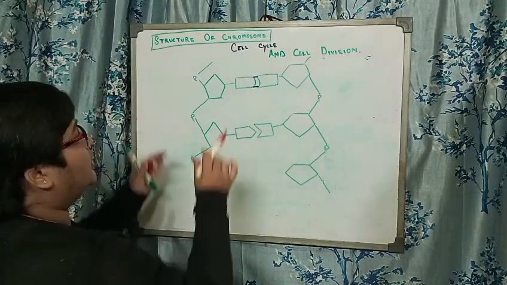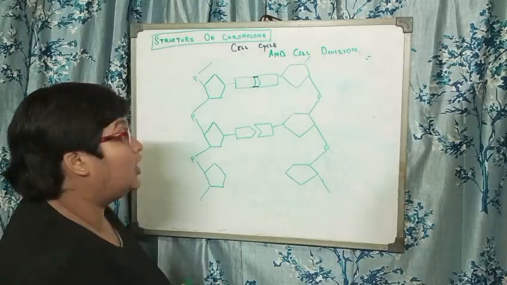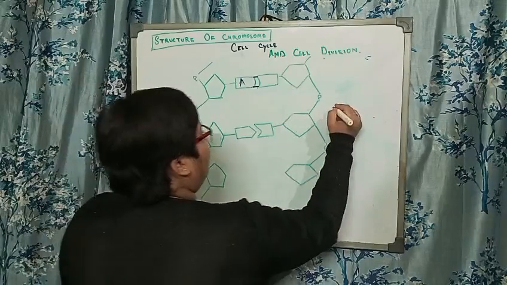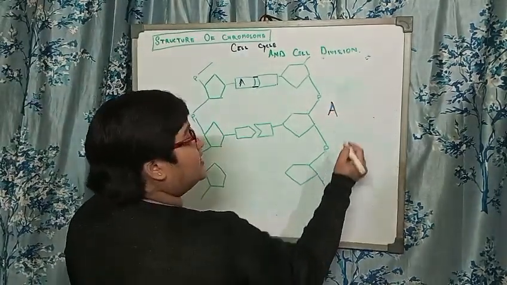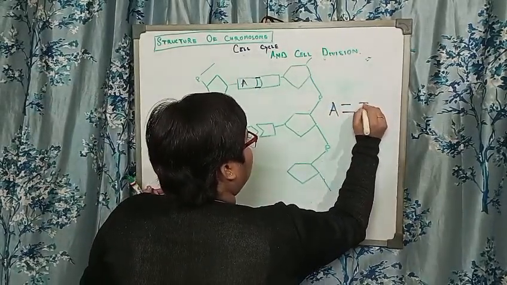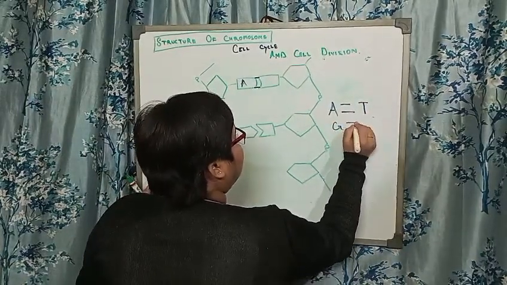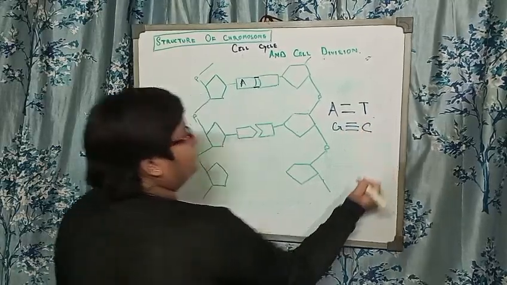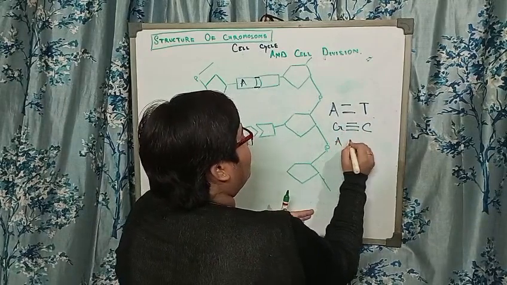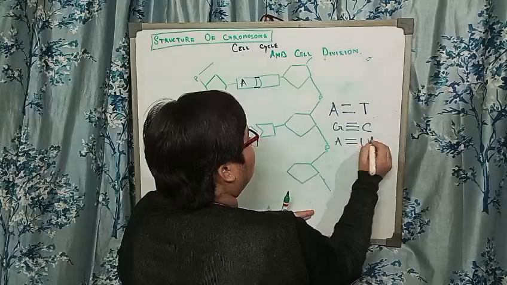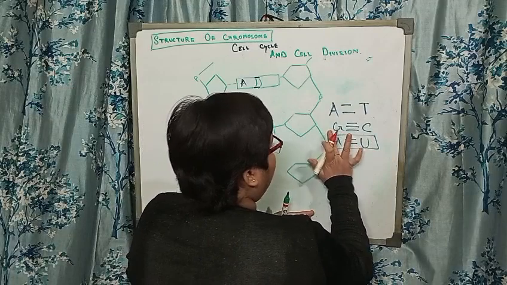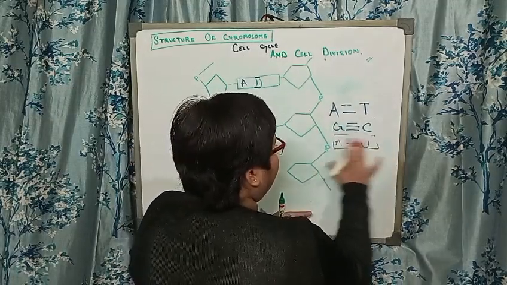As we are considering mainly DNA, if this is A, the base pairing happens in this pattern: A base pairs with T by a double hydrogen bond, and G makes 3 hydrogen bonds with C. Similarly in RNA, A makes 2 hydrogen bonds with U, but we will not consider this as it's DNA and not RNA.